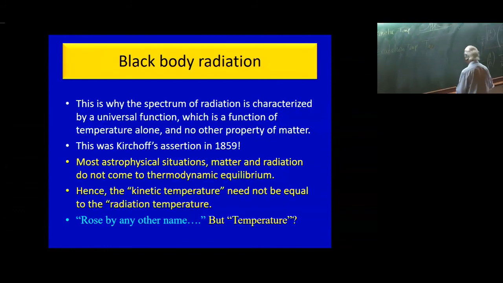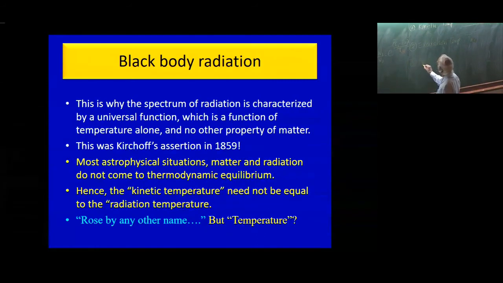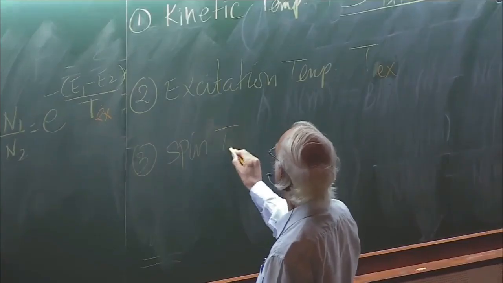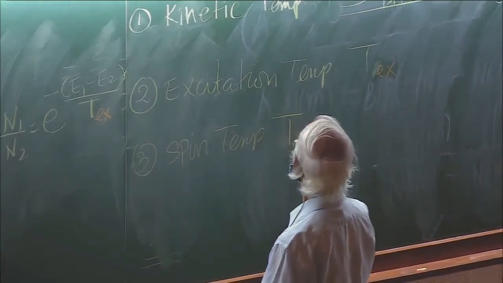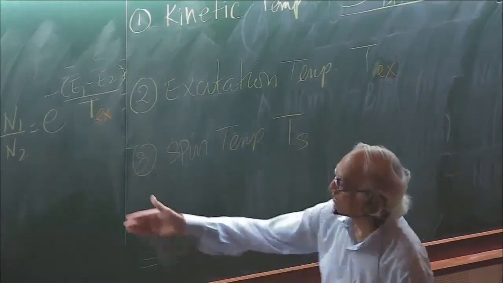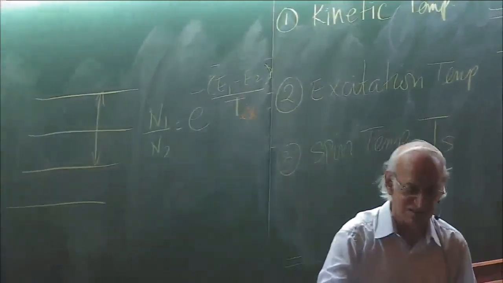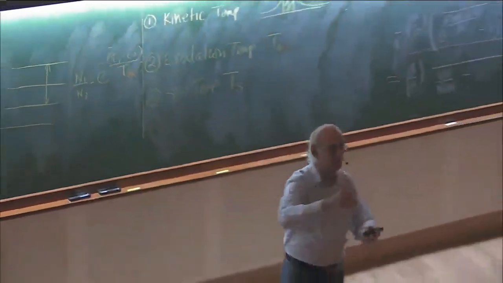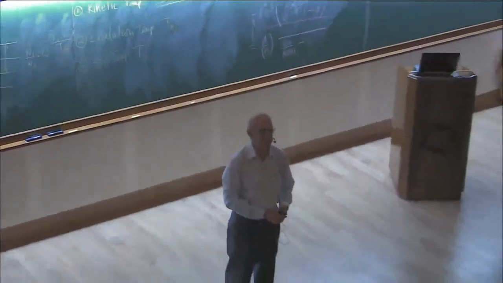Then in astronomy, you introduce one other temperature, which is called the spin temperature. So these could be various levels of the spin angular momentum split due to an external magnetic field.